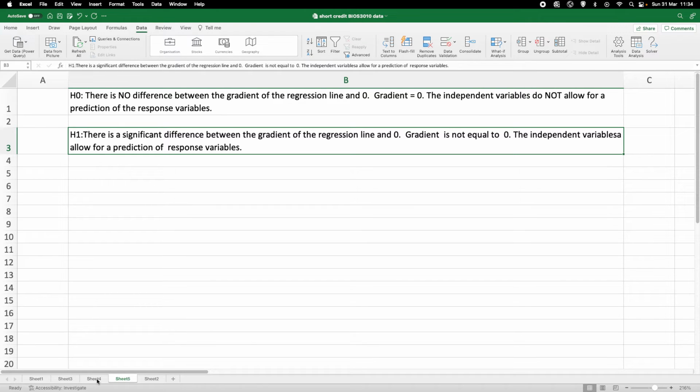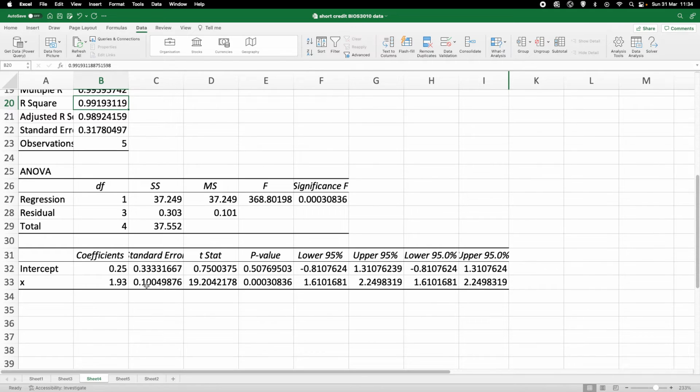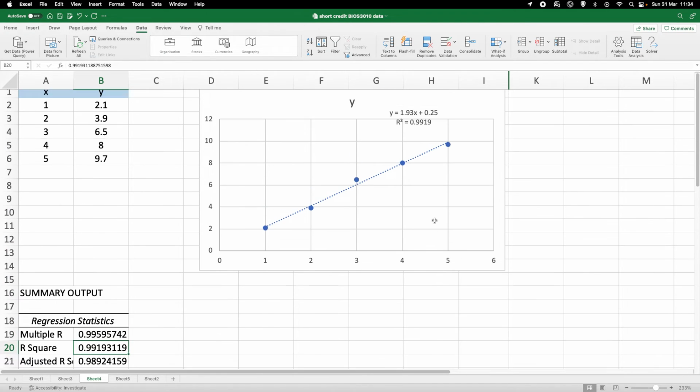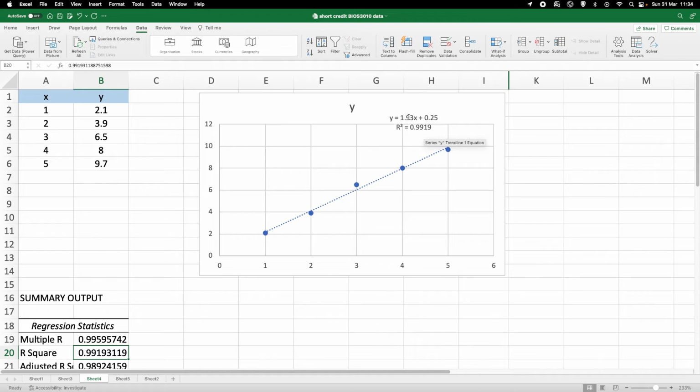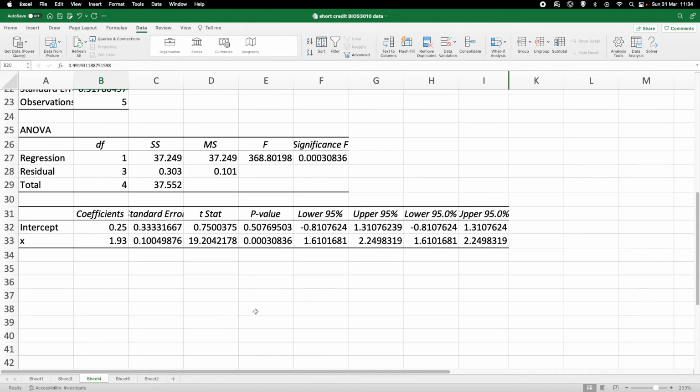We get more information about the coefficients. So we get our gradient here, 1.93, and that again tallies with the output of the trend line here, but we also get the 95% confidence interval for the gradient, and that is given here.